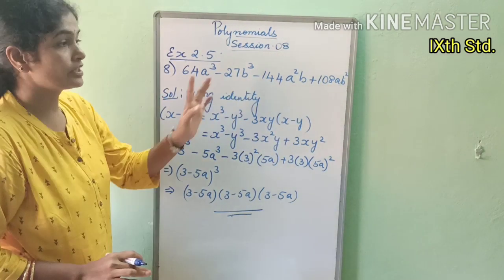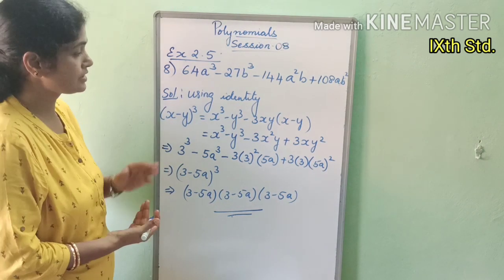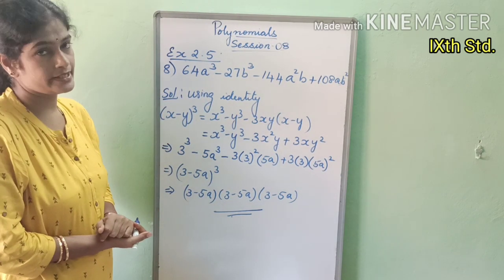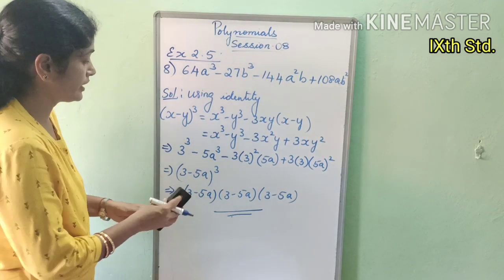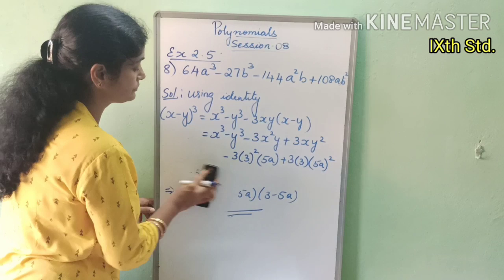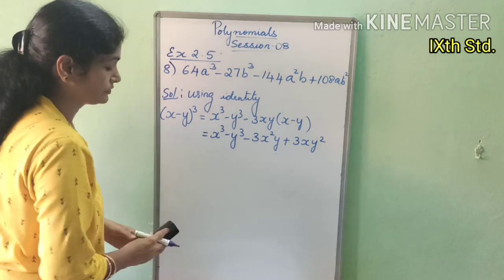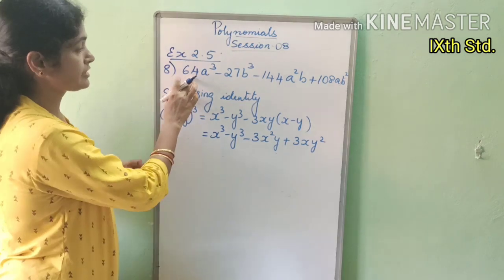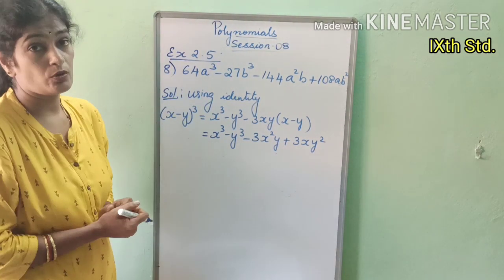Right. So the expression contains some negative as well as positive signs. So we will go ahead using this same identity, (x minus y) whole cube. So the given expression, x cube is equal to 64a cube. So what will be x?